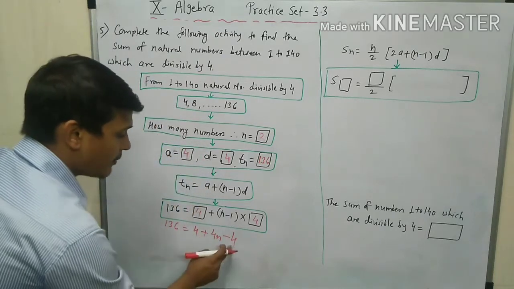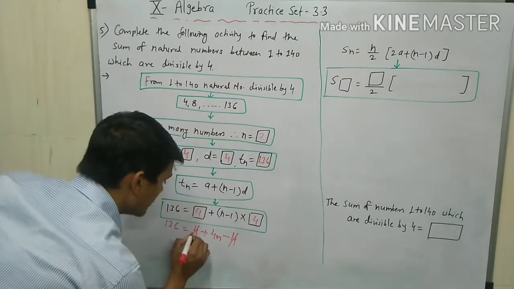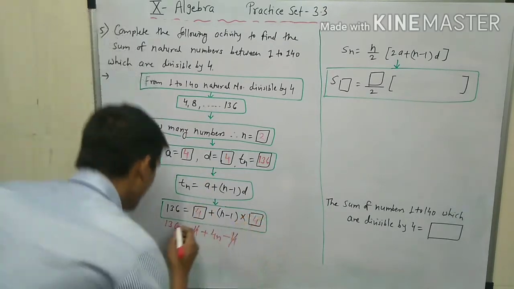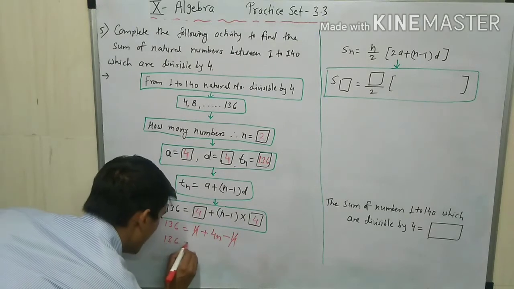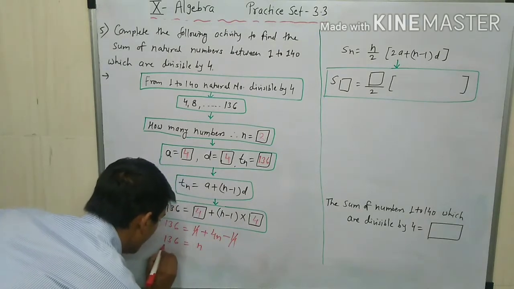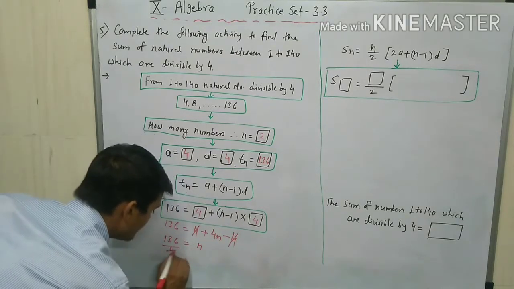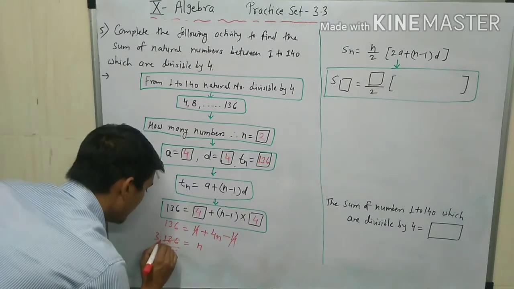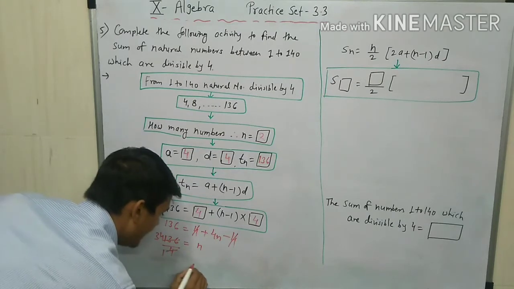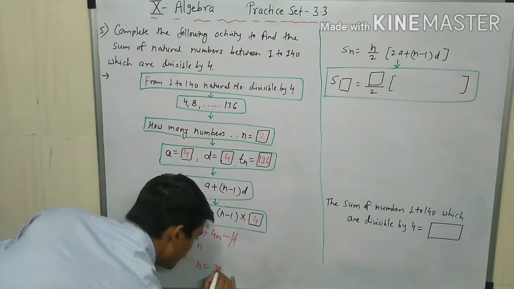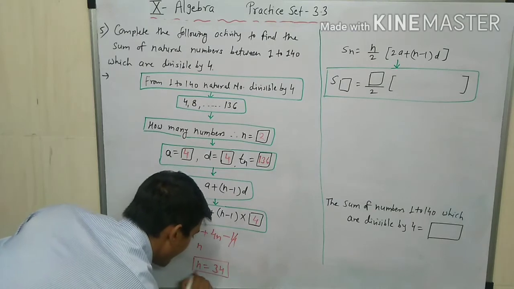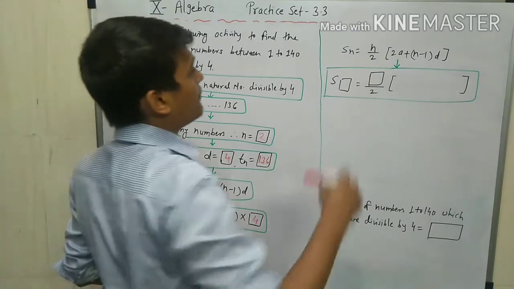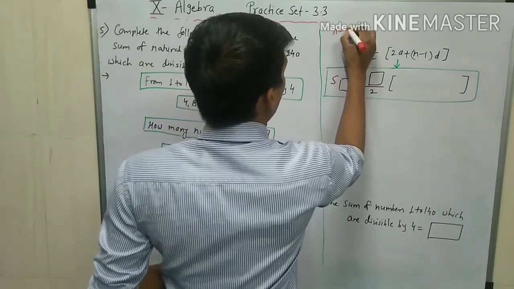Plus 4 minus 4 will be cancelled, because one is plus and one is minus, so it is 0. Now 136 is equal to 4n, and 136 divided by 4: 4 ones are 4, 4 threes are 12, and 4 fours are 16. So n is equal to 34.